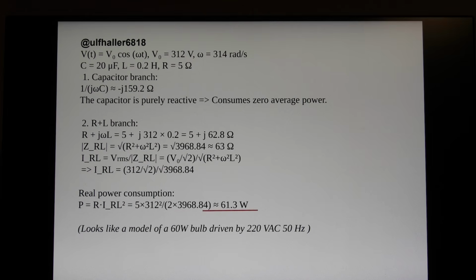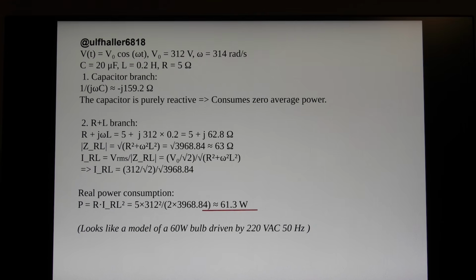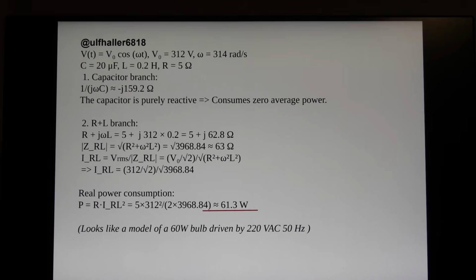The capacitor is purely reactive, so it consumes zero average power. In other words, no real power lost. Onto the R plus L branch. The impedance is R plus J omega L, which we can see is 5 plus J times 62.8 ohms.